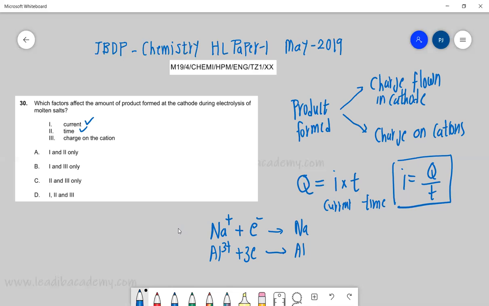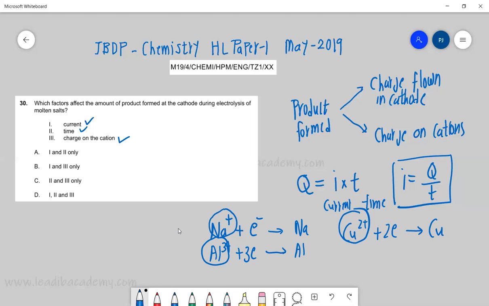Or for example Cu2 plus will require 2 electrons. So definitely the charge on cation is playing a role, that is how many moles of electrons are required to get reduced, because this is a reduction at cathode. So definitely even the charge on cation is playing a role.